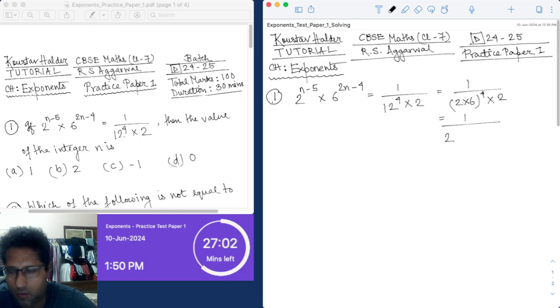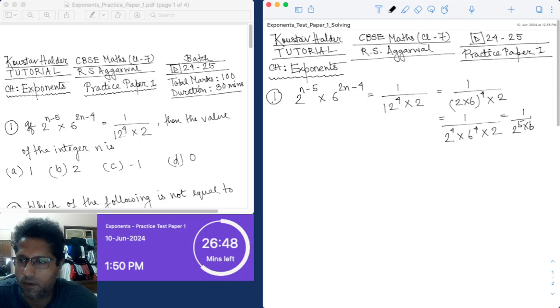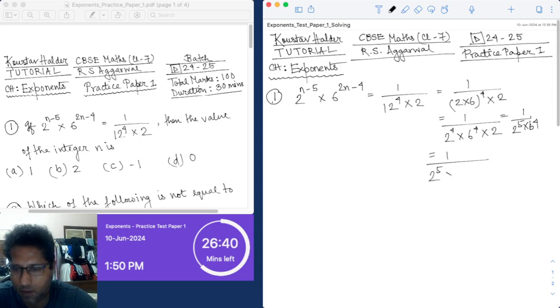Now this is nothing but 2 to the power 4 multiplied by 6 to the power 4 multiplied by 2. This is nothing but 1 by 2 to the power 4 multiplied by 6 to the power 4. Sorry for my bad handwriting, I will write it clearly. 2 to the power 4 multiplied by 6 to the power 4, and we know that this is 1 by 2 to the power 5 multiplied by 1 by 6 to the power 4.